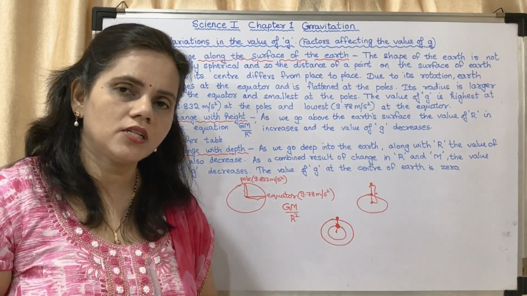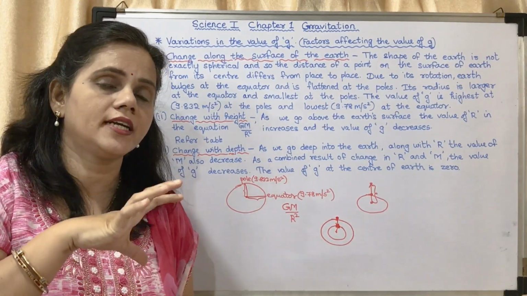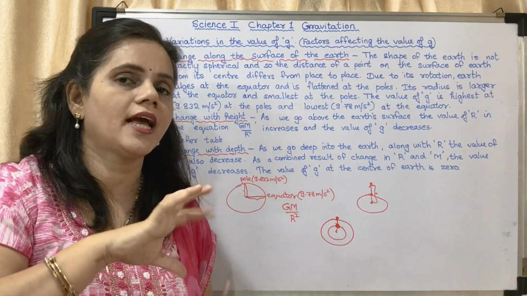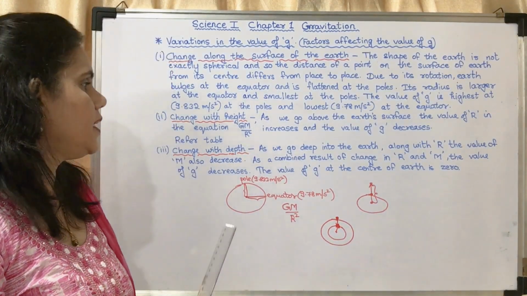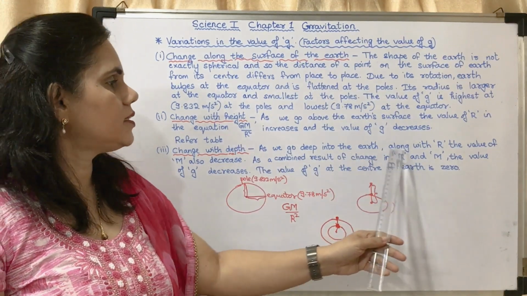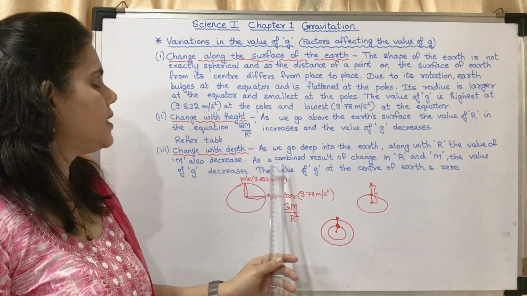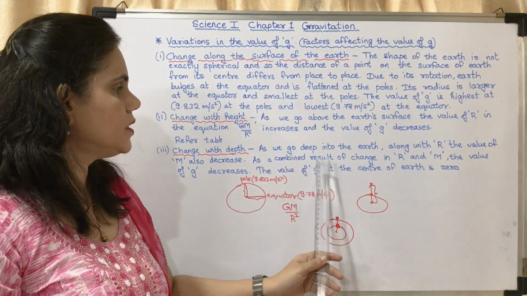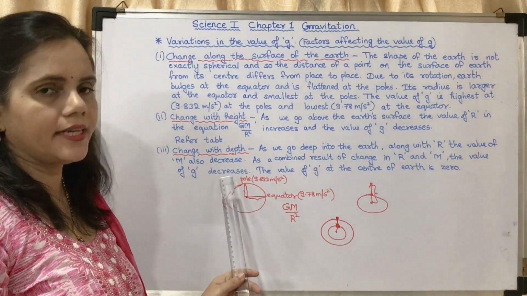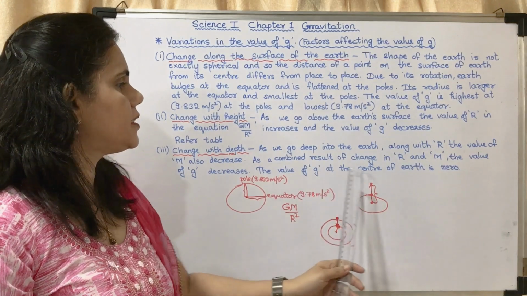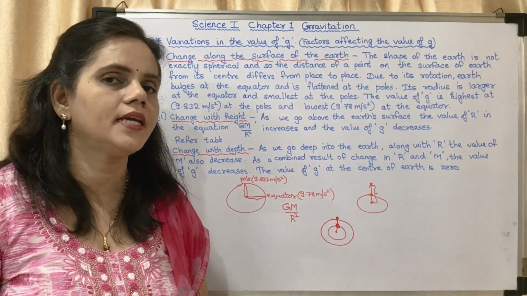So as the radius is decreasing and the mass is also decreasing, as a combined effect the value of g will decrease. As we go deep into the earth, along with r, the value of m also decreases. As a combined result of change in r and m, the value of g decreases. So the value of g at the center of the earth is 0. At the center of the earth, the value of g will be 0.